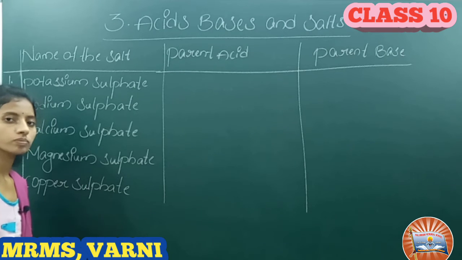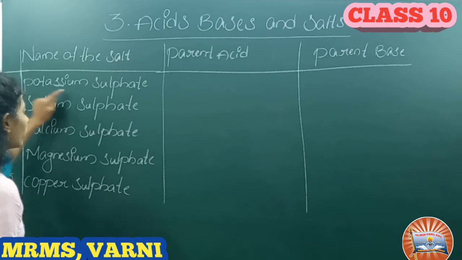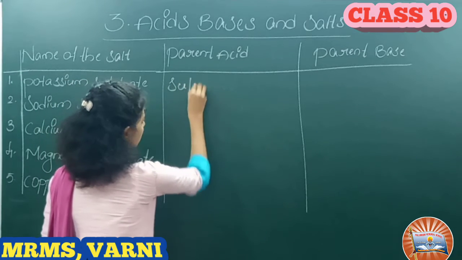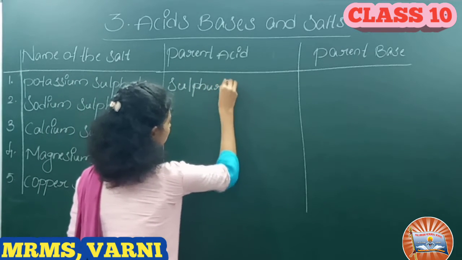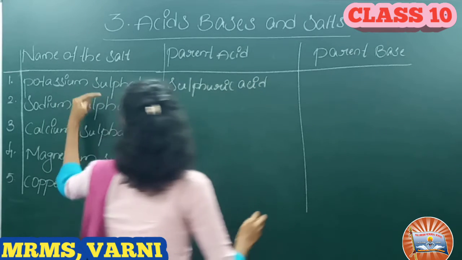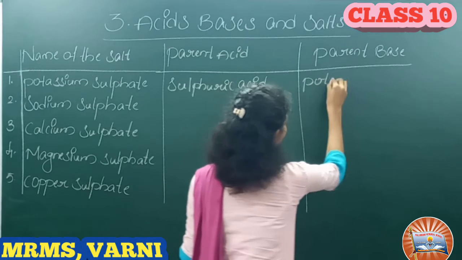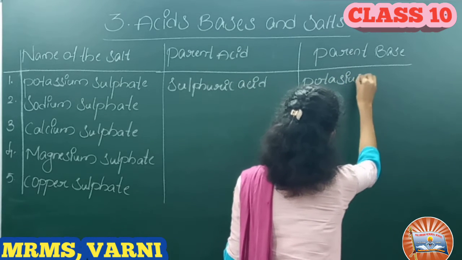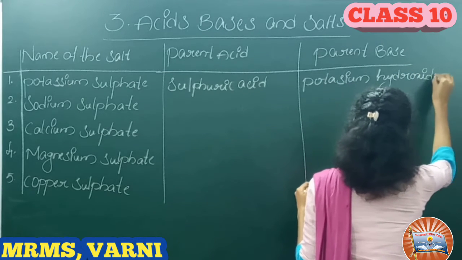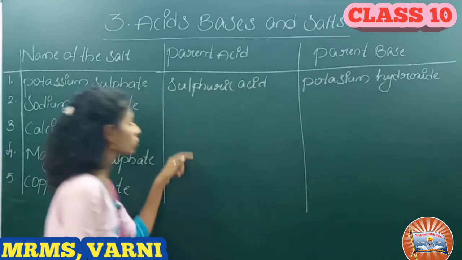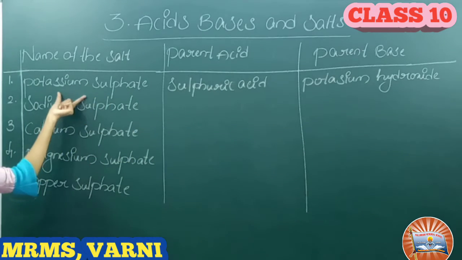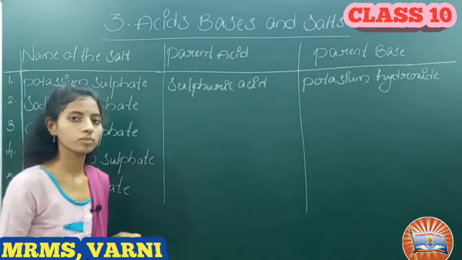Here we will use, that is, to prepare potassium sulfate, we'll use the parent acid as a sulfuric acid. And the base is potassium hydroxide. By reacting of sulfuric acid with potassium hydroxide, we'll get potassium sulfate and water.